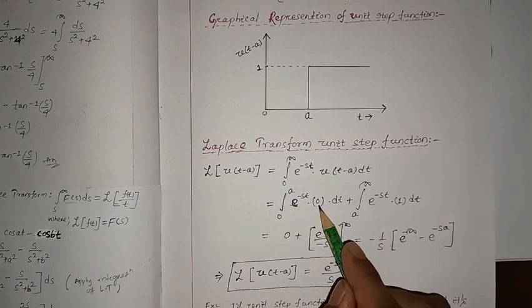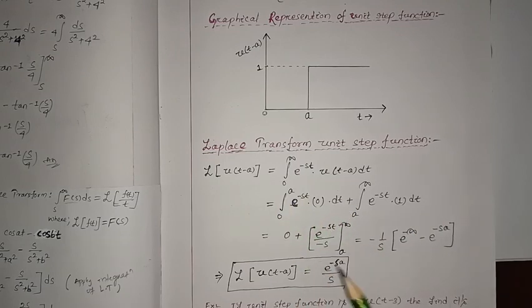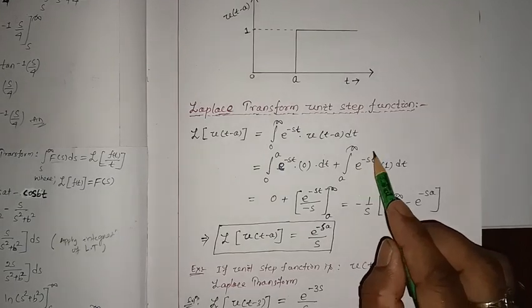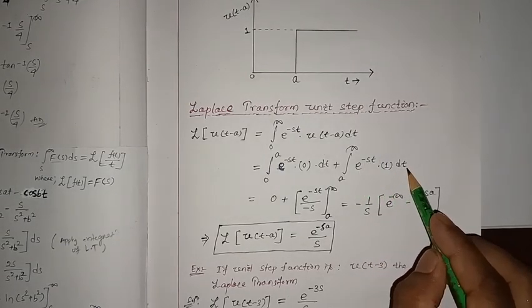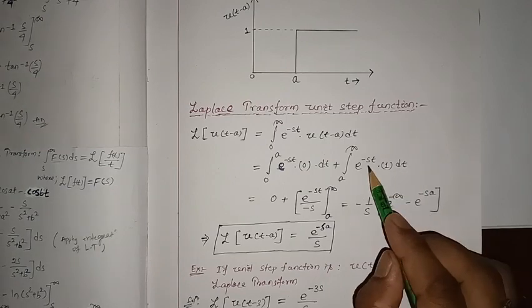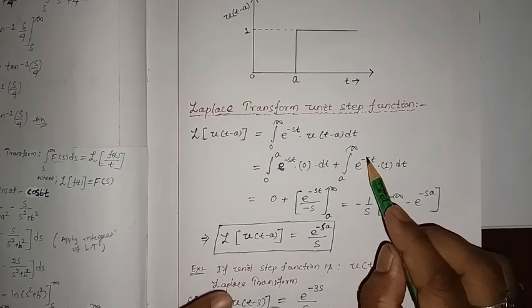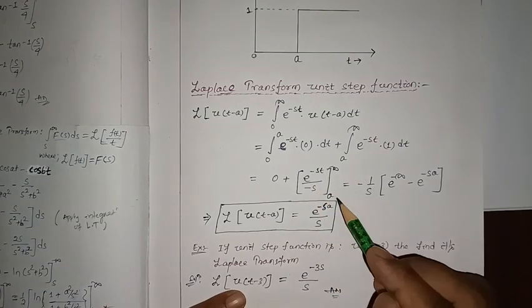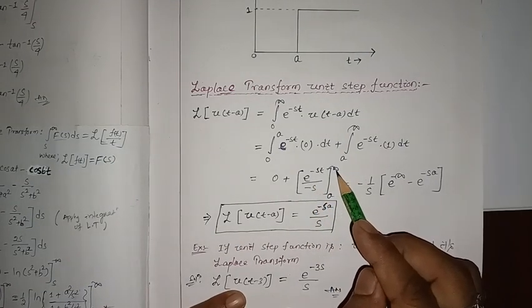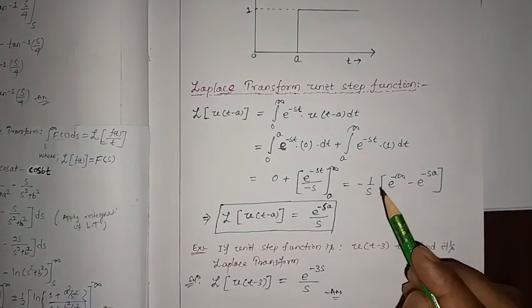So here 0 is there, which means this term will be 0, plus the integration of e to the power minus st dt with respect to t. Here minus s is constant, so the integration will be e to the power minus st by minus s, from a to infinity. Now I am going to substitute the limits.